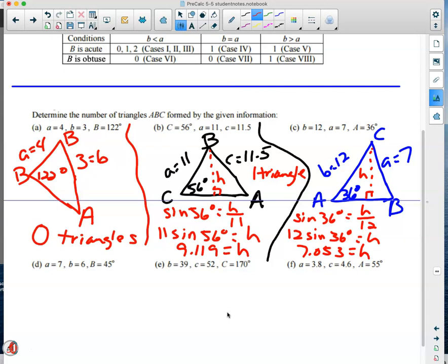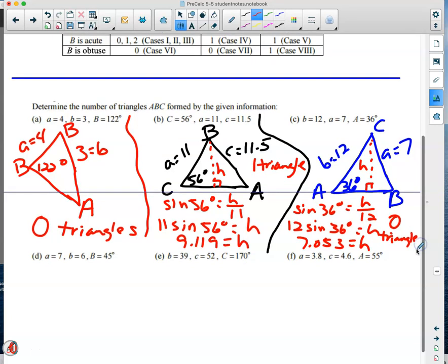Is A long enough to get to 7.053? A was only 7. It's going to be a teeny bit short. It's not going to make it down to that base. We're not going to get a triangle out of this one. We don't get one. Has to be long enough to reach the base of the triangle to form a triangle.